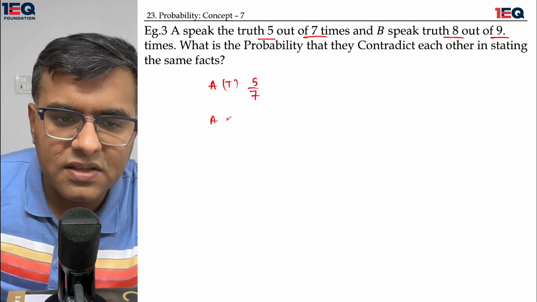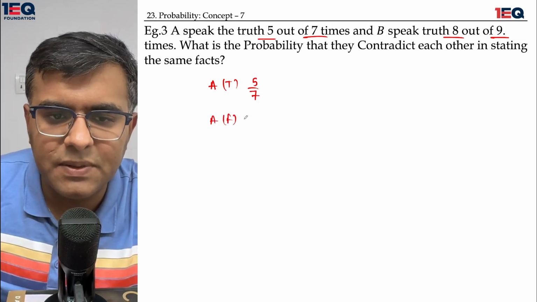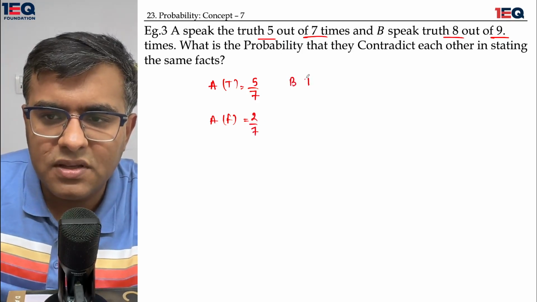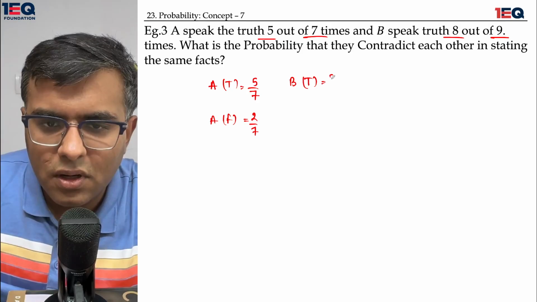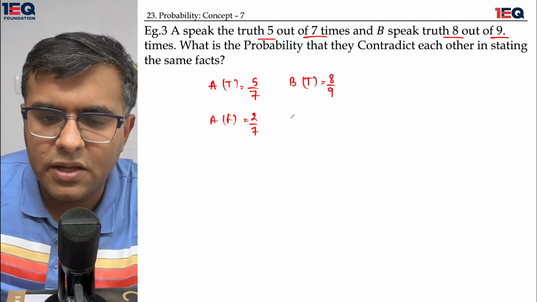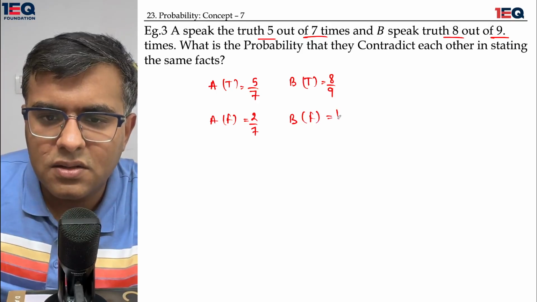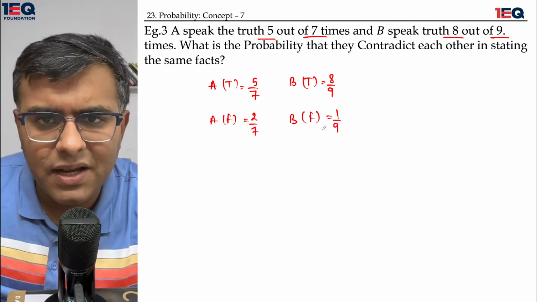If A tells a lie, it is 2 by 7 times. Similarly, if B speaks the truth, it is 8 by 9 times. If B tells a lie, it is 1 by 9 times.